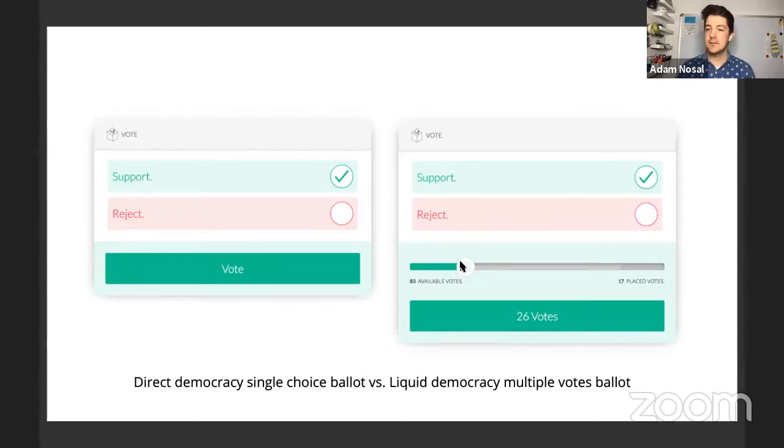So rather than just getting one vote, you would get 100 tokens that you can place over certain parts of the vote. The other thing that's quite interesting about it is that it makes it possible for citizens to take allocations of their tokens and give them to someone else that they might think is more informed to make that decision. But that always remains within their control. At any point, they can move them back.